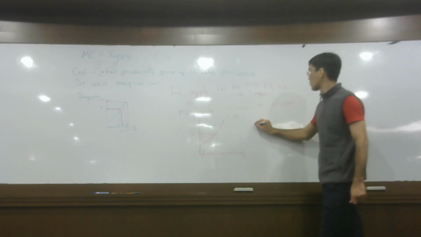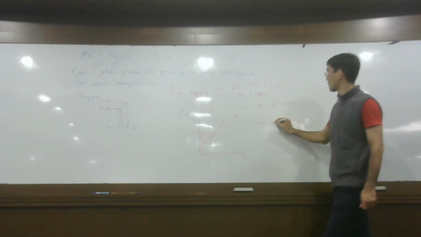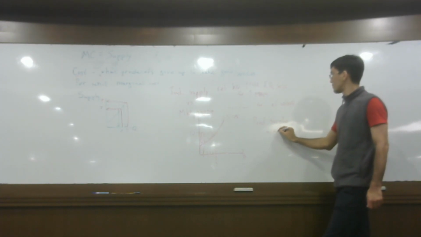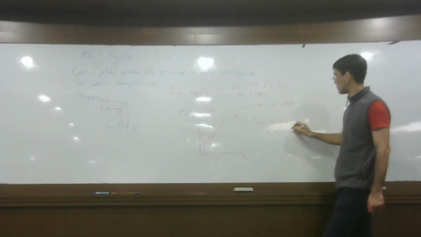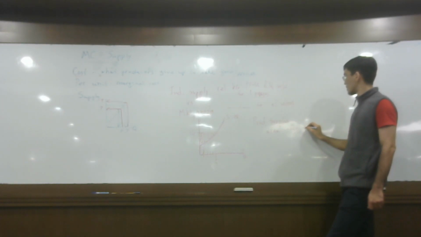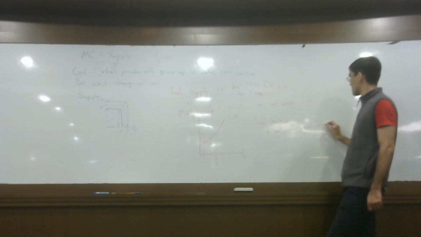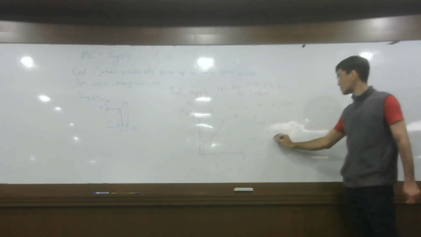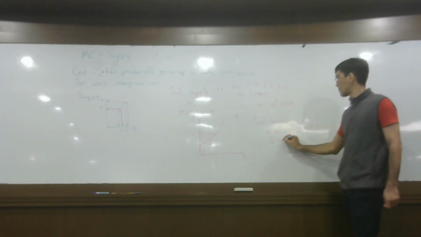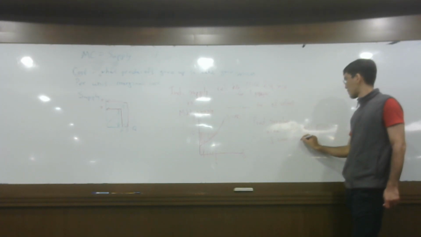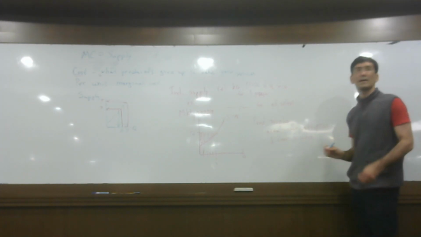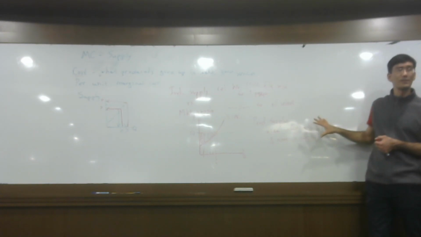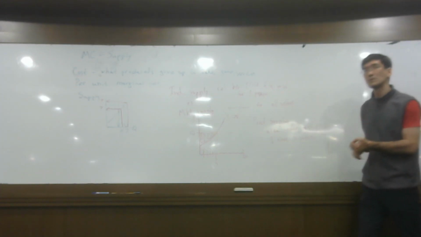So producer surplus is the area under market price and above the supply curve. By the way, I think I forgot to give this definition for consumer surplus. So let's do it now.